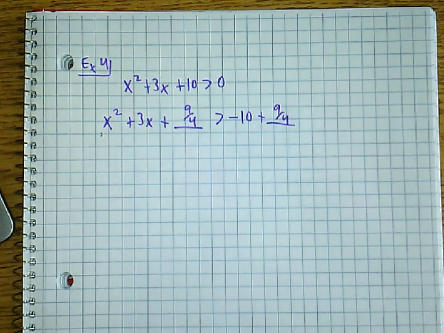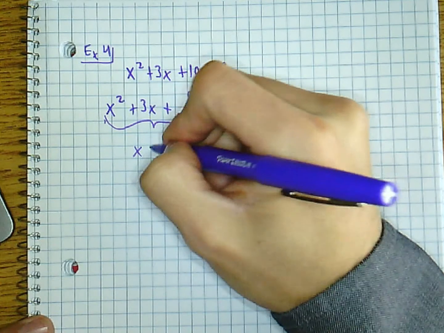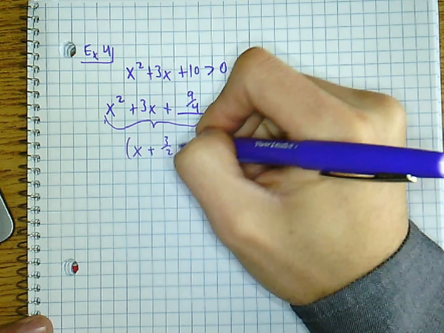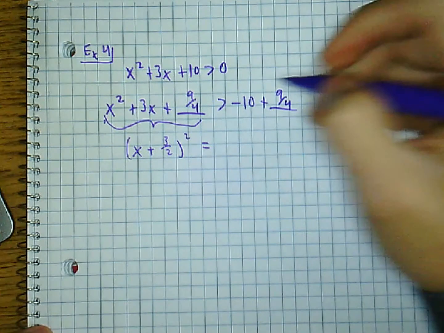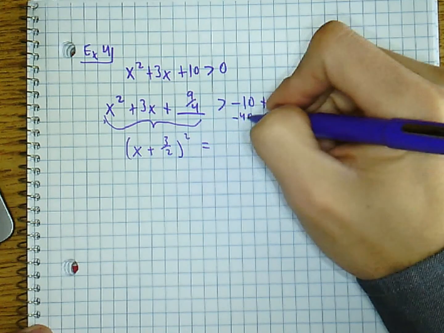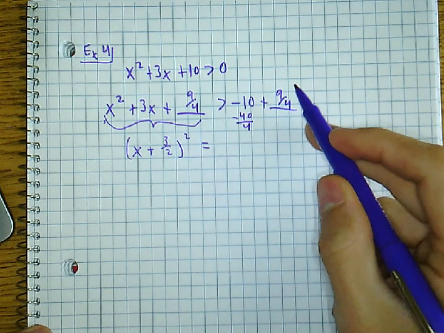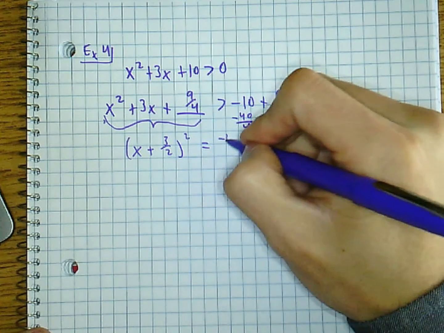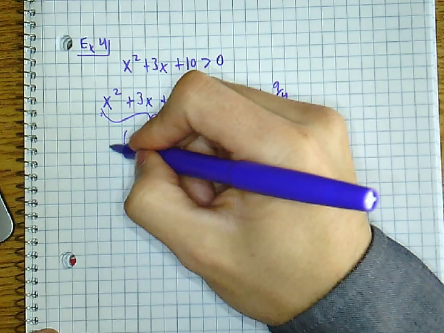This is now a perfect square, and this factors out to be x plus 3 over 2 squared, which is equal to, now think this through, negative 10, which is the same thing as negative 40 over 4. So negative 40 over 4 plus 9 over 4 would be negative 31 over 4. At this point, I'm going to be able to take the square root of both sides.